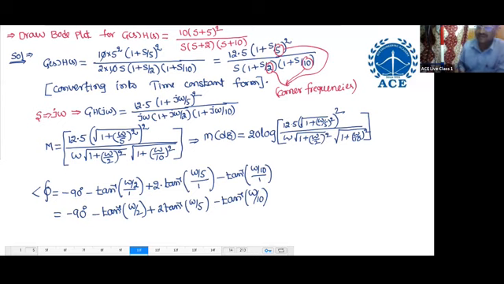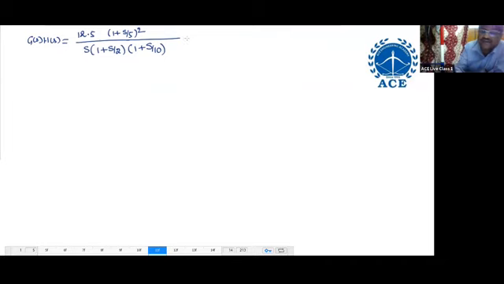This is called the time constant form. Also, 2, 5, 10 are called corner frequencies.